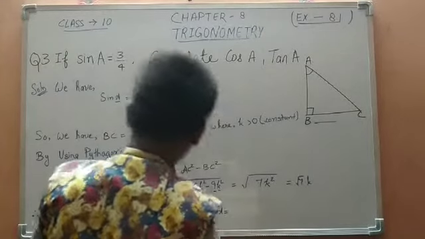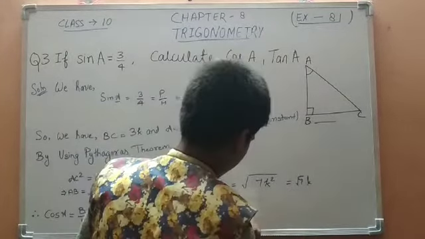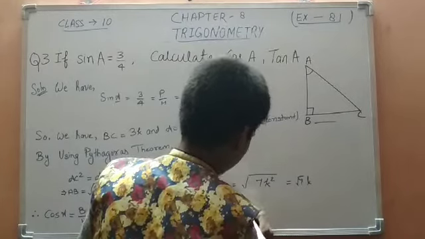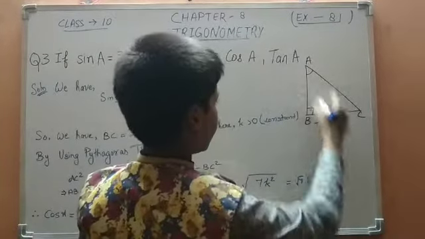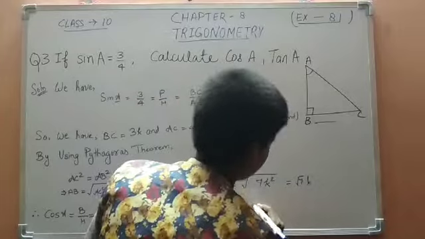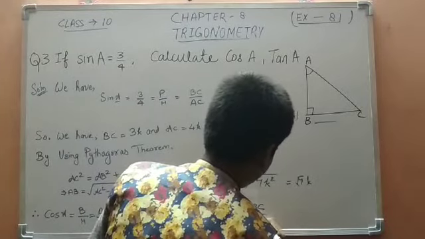Tan A is equal to P upon B. For angle A, this is the perpendicular and this is the base. So BC upon AB.